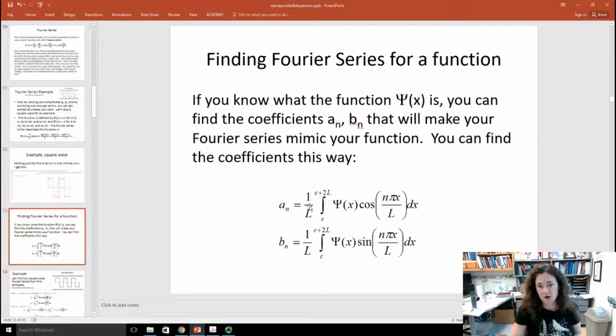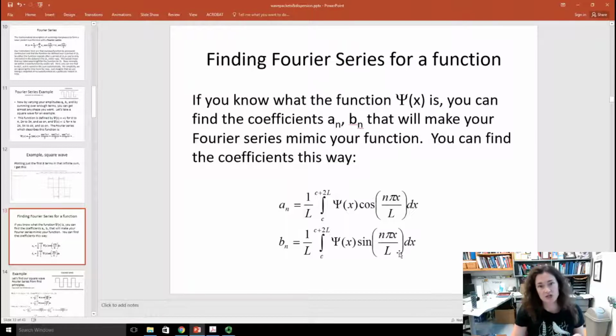An is equal to 1 over L times the integral over 1 full wavelength times psi of x times the cosine of n pi x over L dx. So that gives you your an coefficient. Your bn coefficient is 1 over L integrated over 1 full wavelength, psi of x times sine of n pi x over L dx. Okay, so there it is.